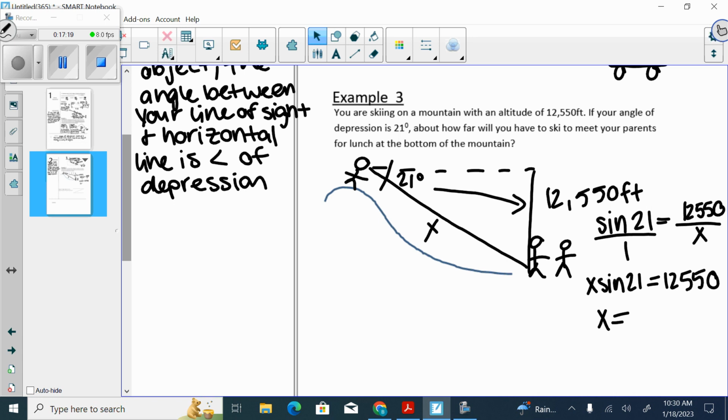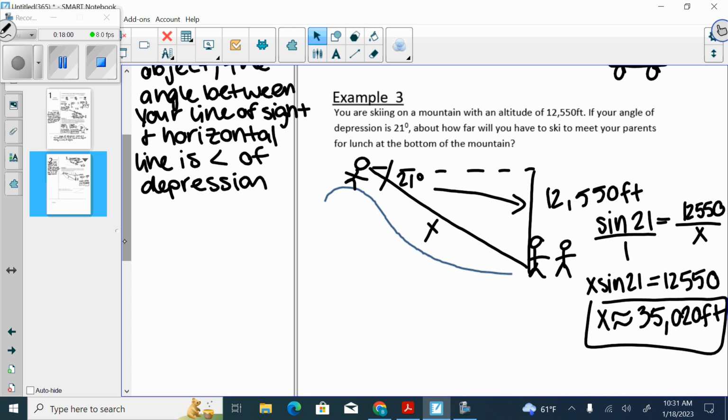So we end up with x being approximately what to the nearest foot? Yeah, 35,000. Is it 19 or 20 if we round to the nearest foot? 20, okay. There we go.